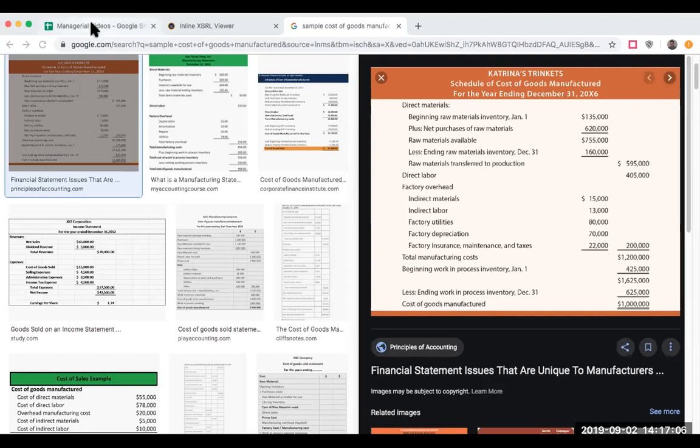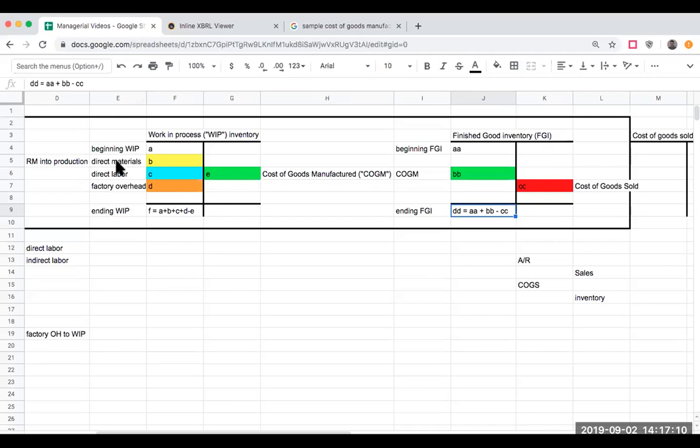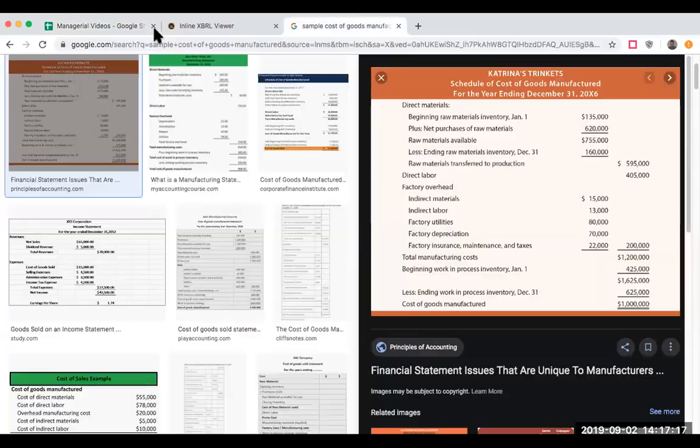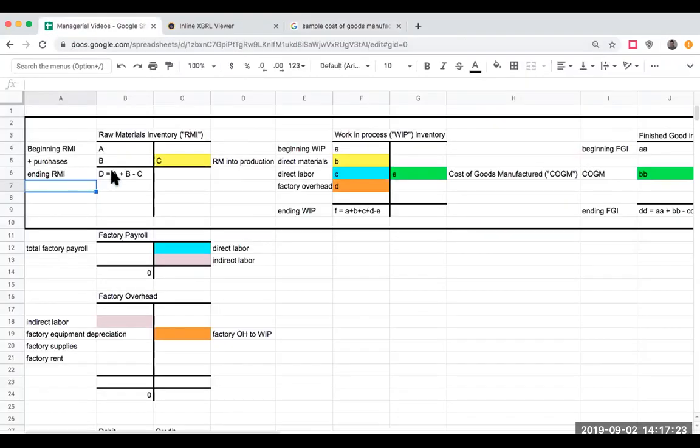If you look at what we've done here, my beginning plus my purchases gives me raw materials available, less my ending raw materials inventory, which gets me the raw materials that I use in production.